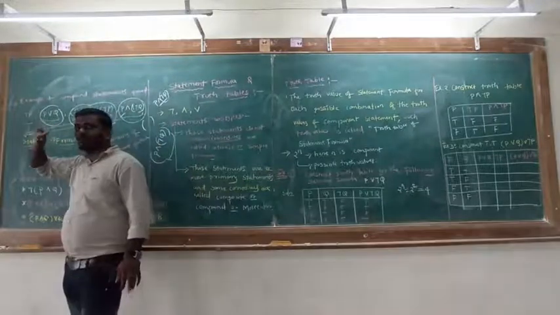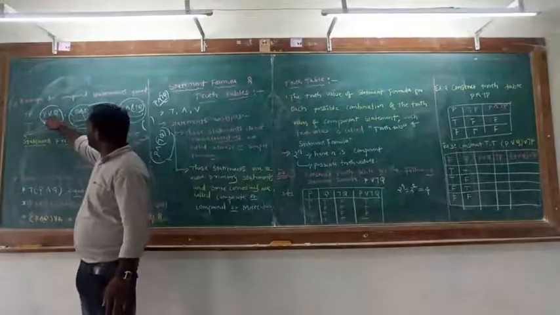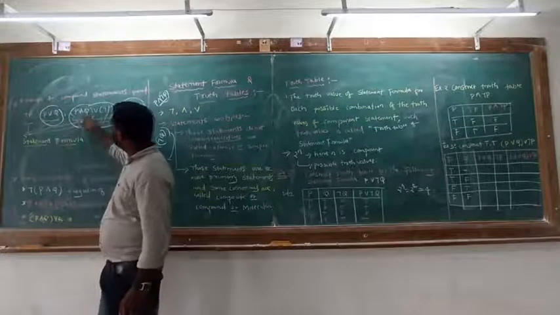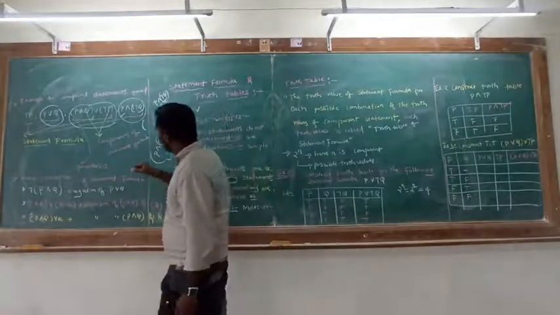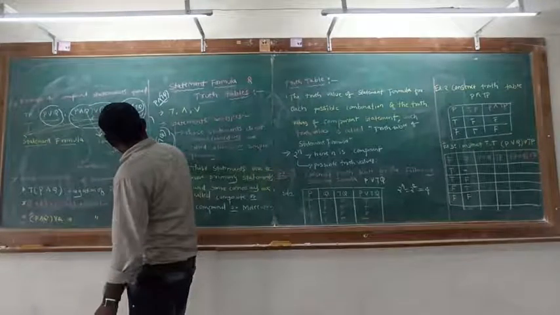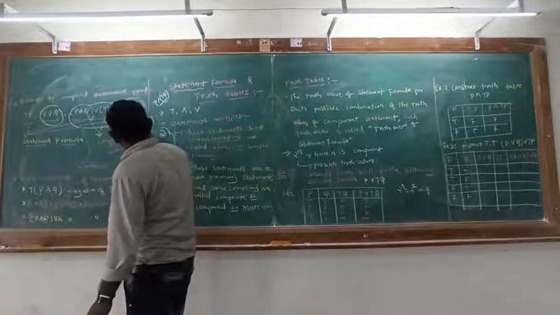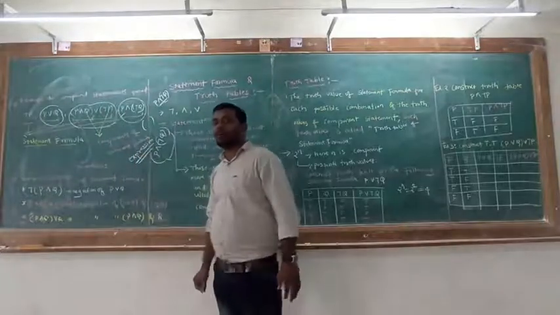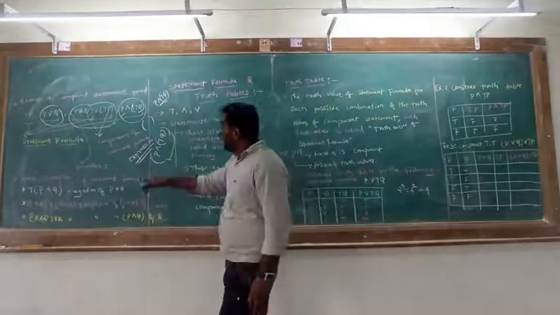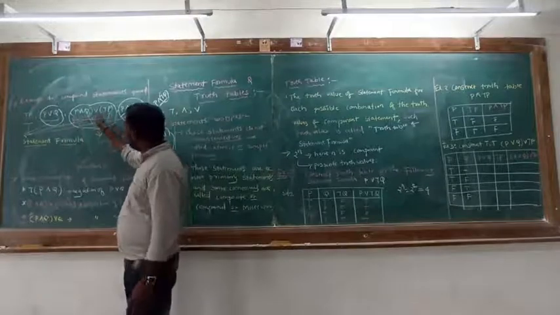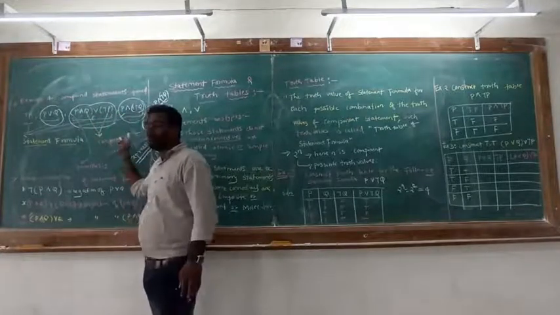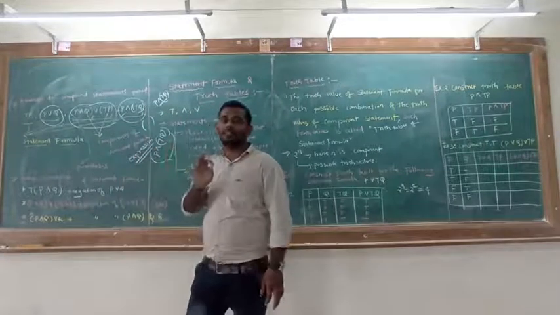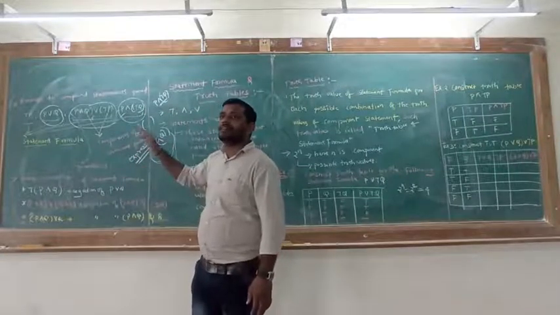Negation P is one statement formula. P or Q is a statement formula. So these are the statement formulas or expressions. A statement formula has some variables, and those variables are called components of the statement formula.